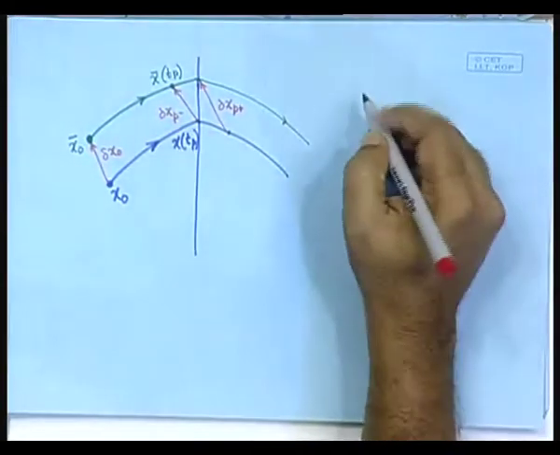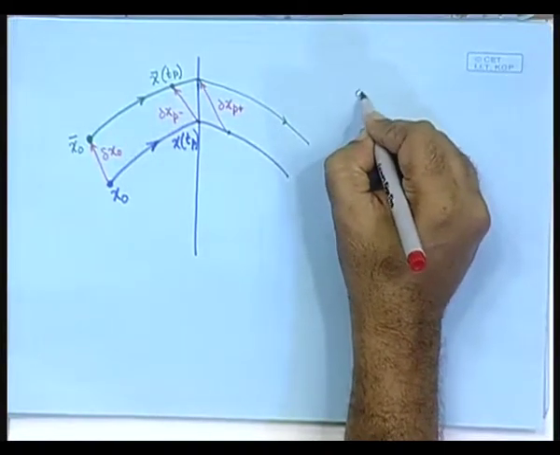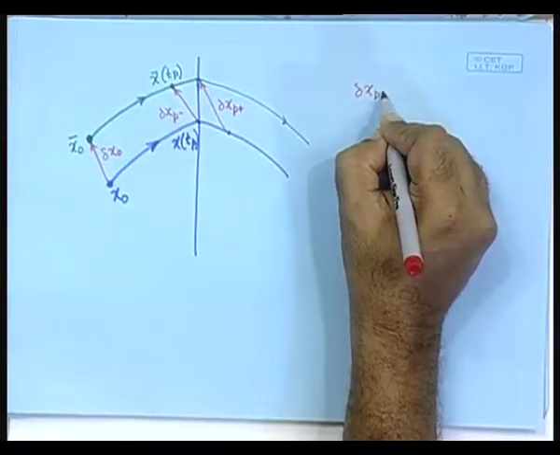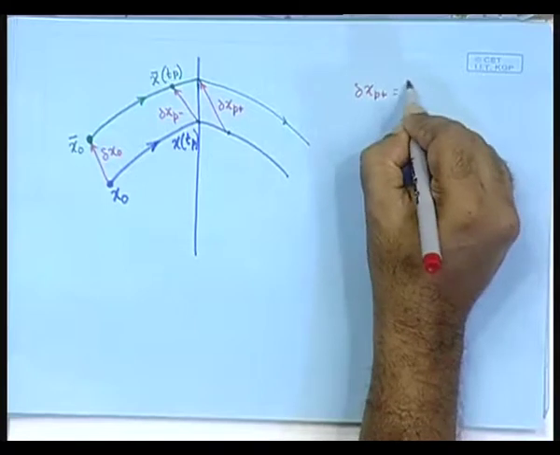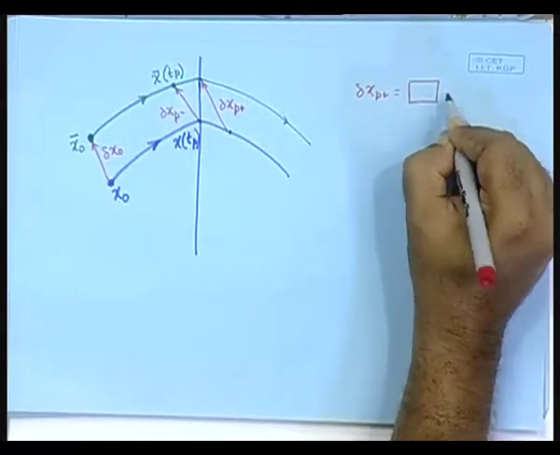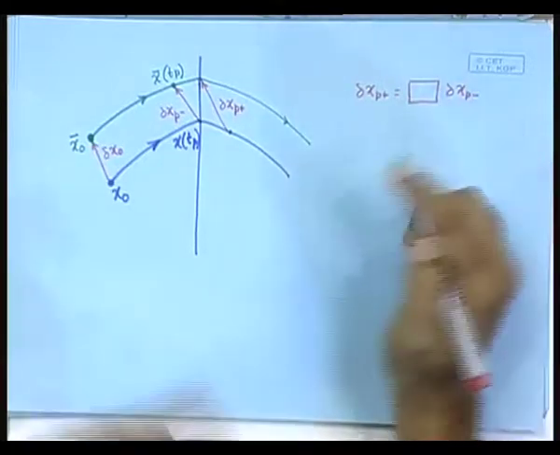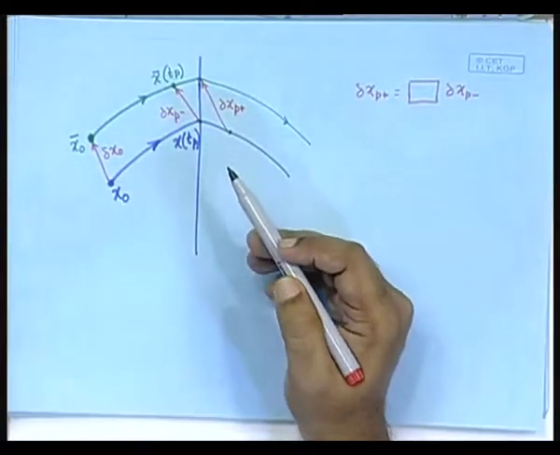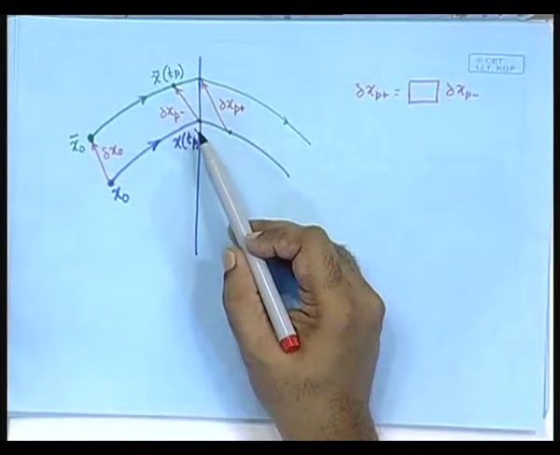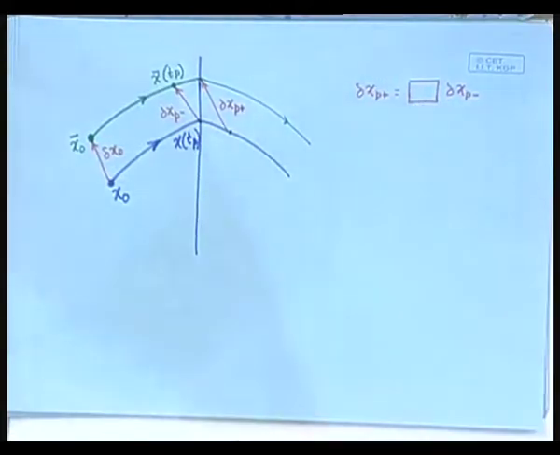So, what we are trying to express? We are saying delta x p plus is something times delta x p minus. Once we do that, then this term is the state transition matrix across the switching surface. We will do that. Fine. Now, a few things we need to write.